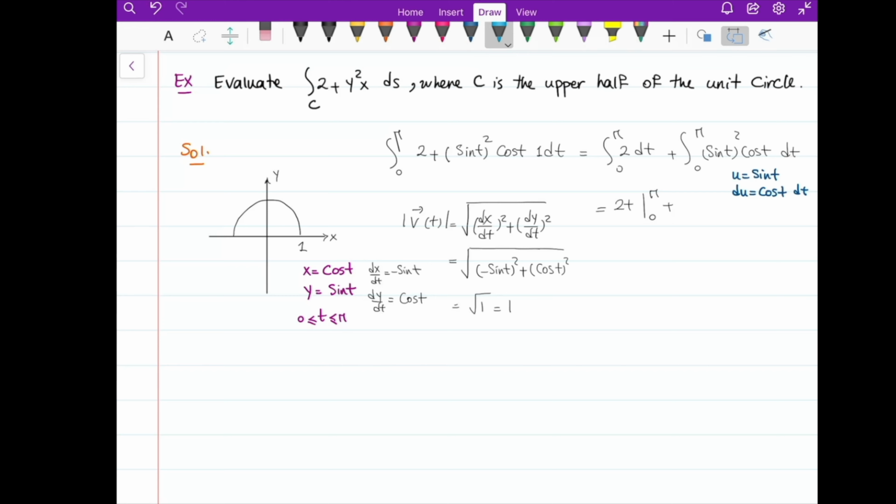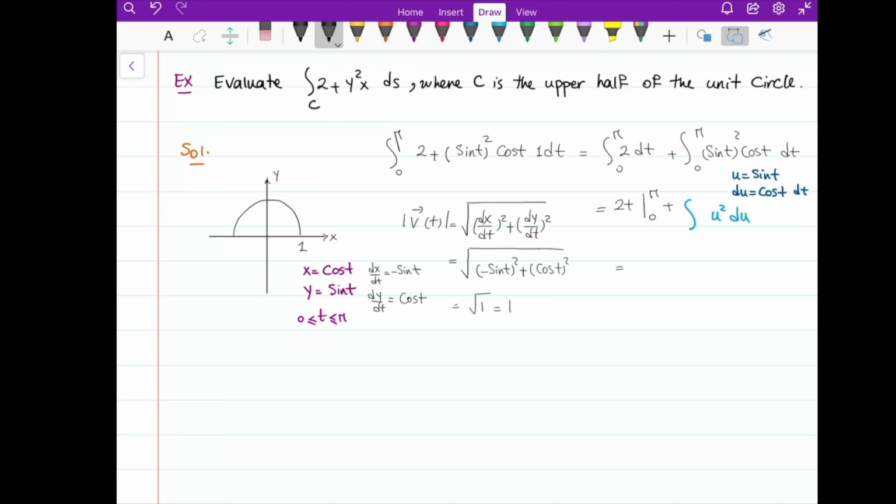And so for my integral, I don't change the bounds yet, and after I plug u back into my equation, I'm going to write the bounds. So I have u squared du.